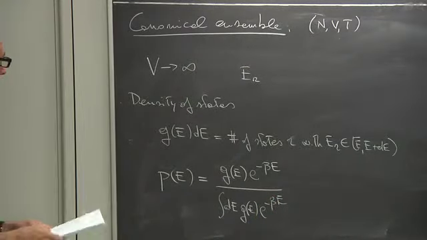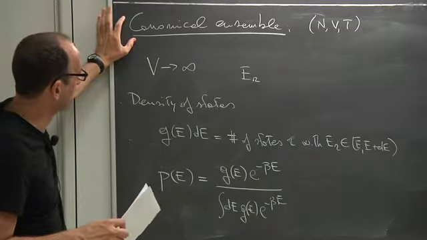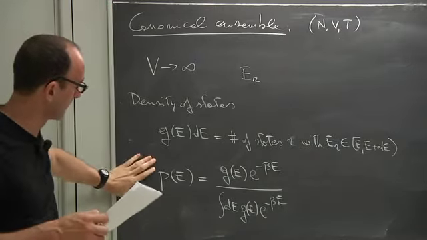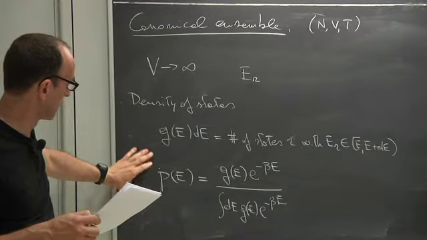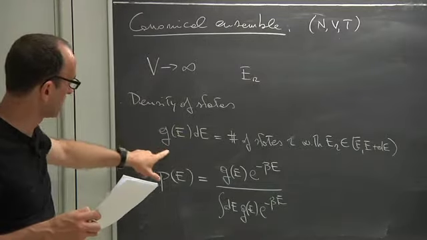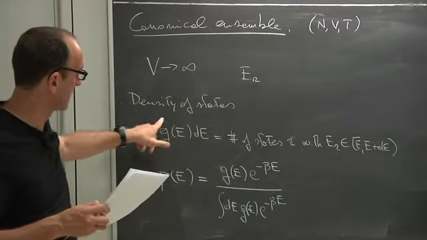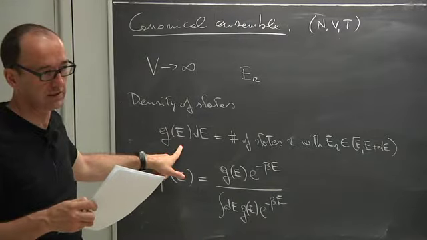Okay, so you can discuss the canonical ensemble also in terms of the density of states. And essentially, if you think about it, the density of states is what we have been discussing when discussing the microcanonical ensemble.